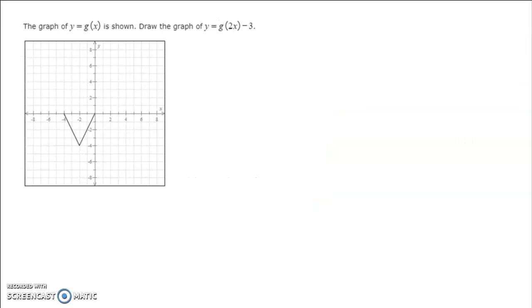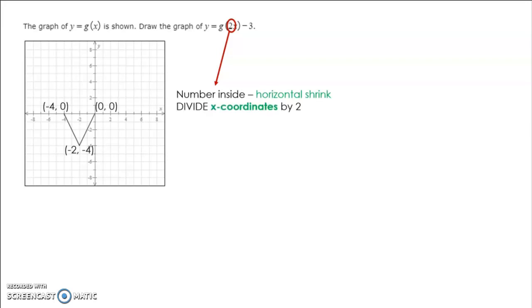Here, again, we're going to put our ordered pairs on. Next, we have 2 things happening. We have a number on the inside, which is going to be a horizontal shrink. That means that we are going to divide the x coordinates by 2. We also have a -3 on the outside, which is a vertical shift down.